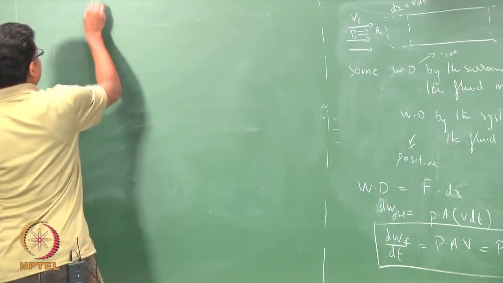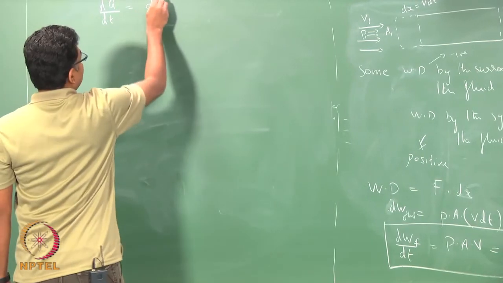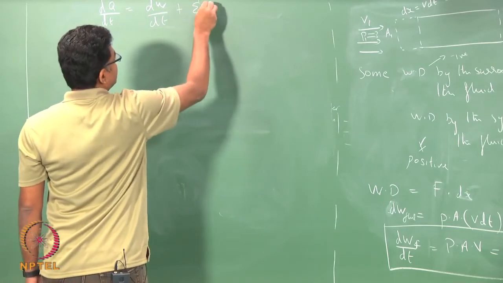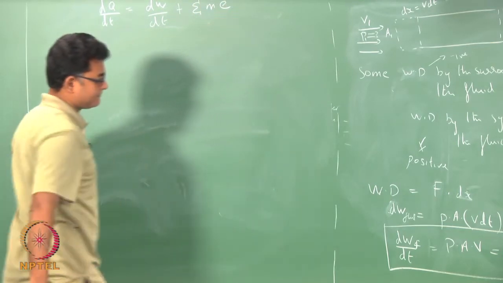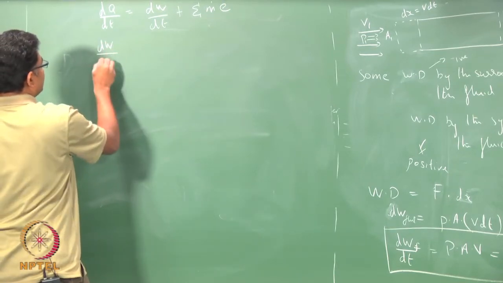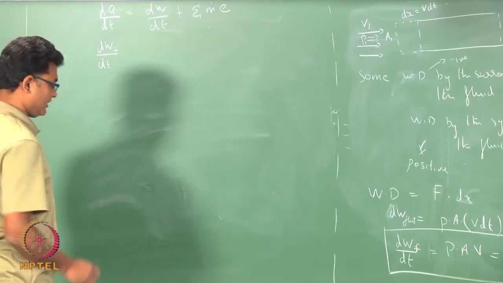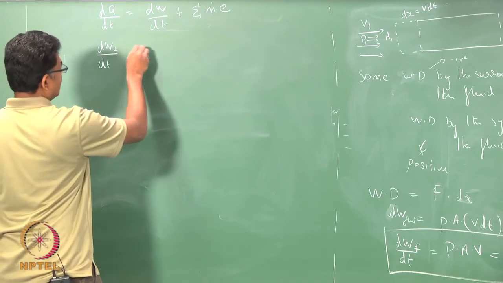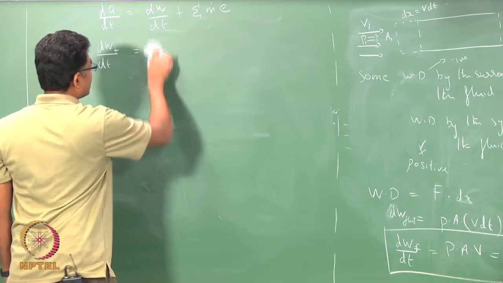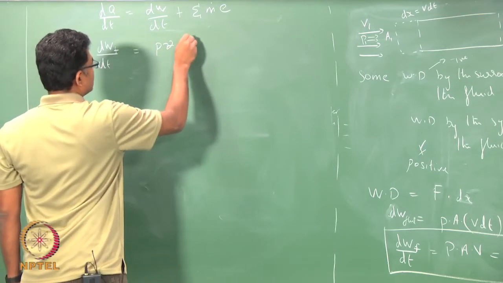I have dq by dt to be dw by dt plus sigma m dot E, and my dw by dt contains two components. One is the work done by the fluid, which is P v into m dot.